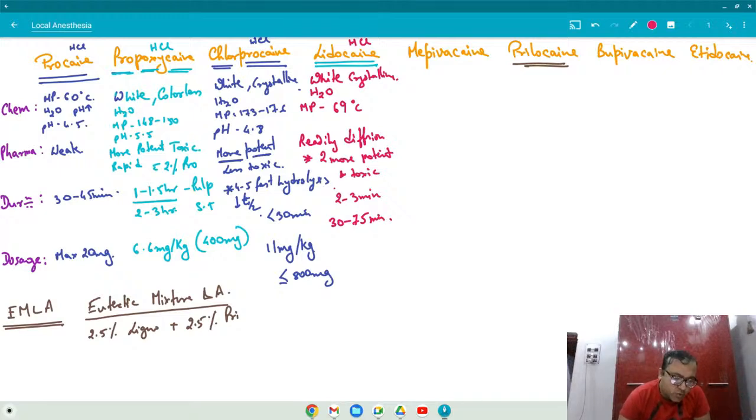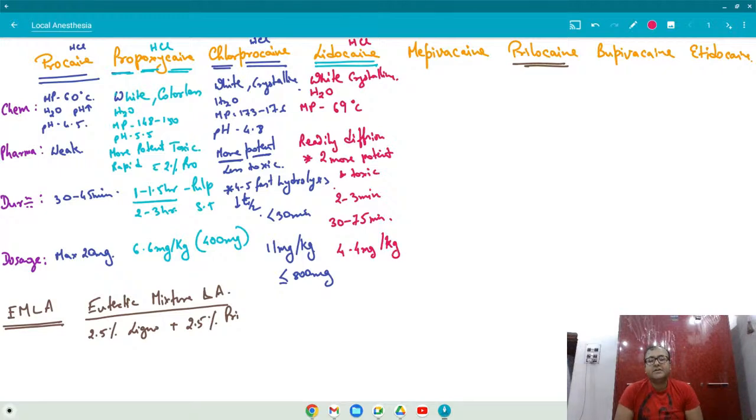Now, as far as the dose is concerned, it is 4.4 milligram per kg. This is something you should know because we use it currently, and I'm going to have more discussion on this later on.